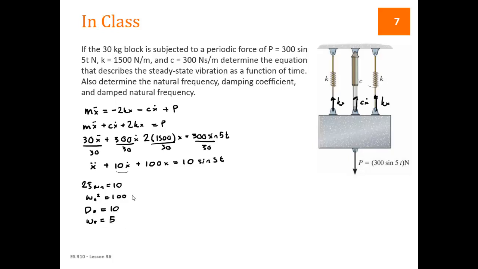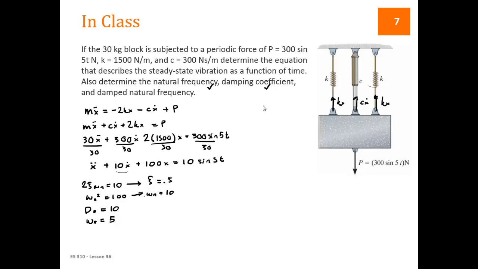So from this we get omega n is equal to 10, square root of 100. Plug in 10 up here, we get that zeta is equal to 0.5. And so now we have all of the variables that we need to know in order to write the steady state vibration. We found the natural frequency, we found the damping coefficient. We don't know the damped natural frequency yet, so we still need to do that.